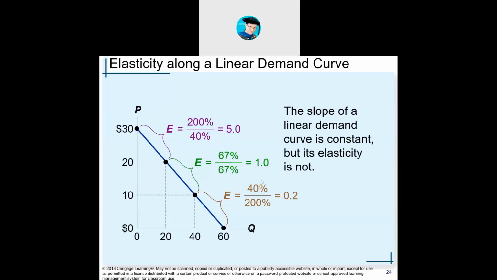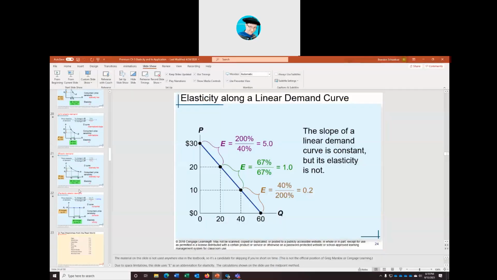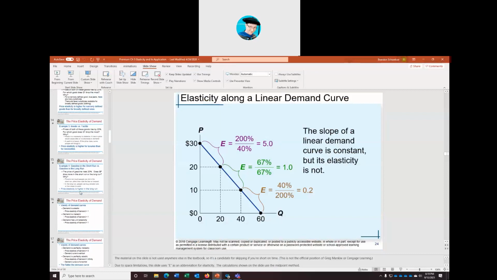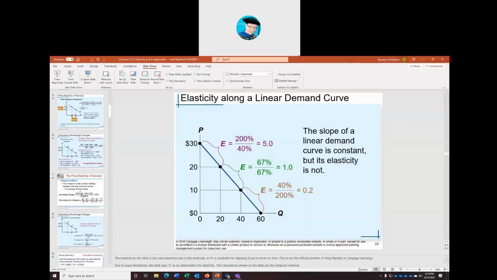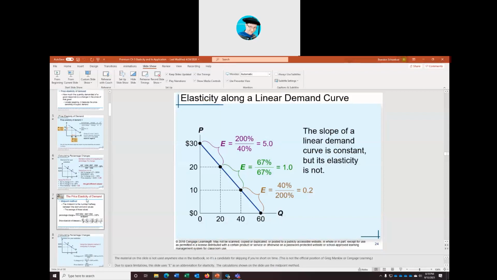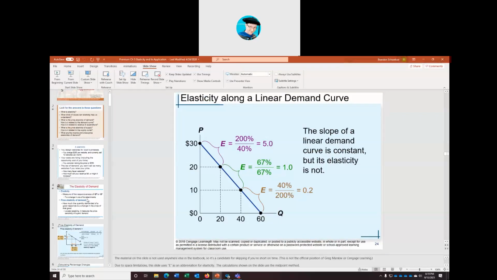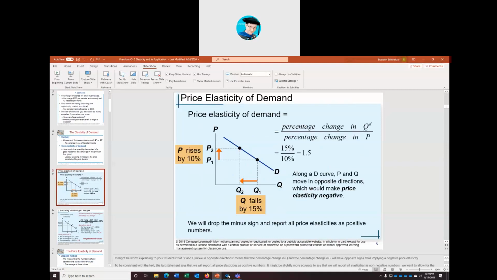I do want to quickly go back and help you a little further with understanding the basic formula. The basic formula for the elasticity of demand is the percent change in quantity demanded divided by the percent change in price. Once you understand that, it becomes easier to understand how to calculate the elasticity.